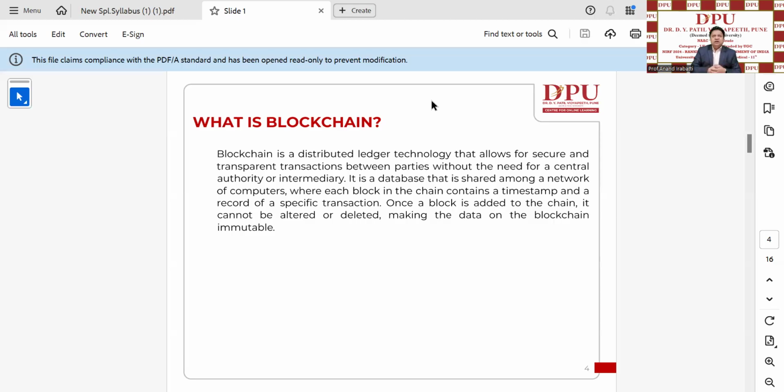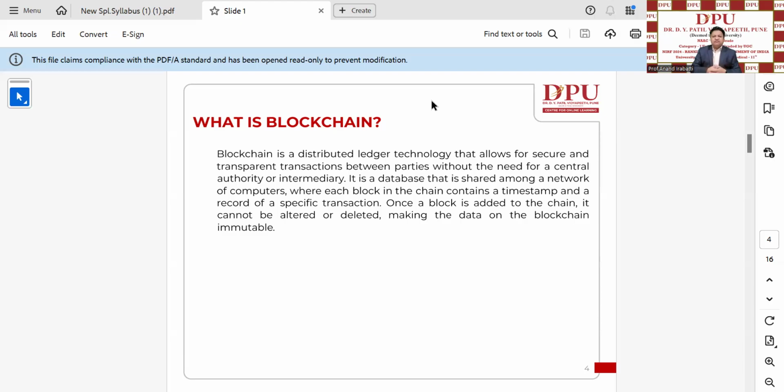So now we'll go with the definition which has been given in the textbooks. That is, a blockchain is a distributed ledger technology that allows for secure and transparent transactions between the parties without the need for a central authority or any intermediary.